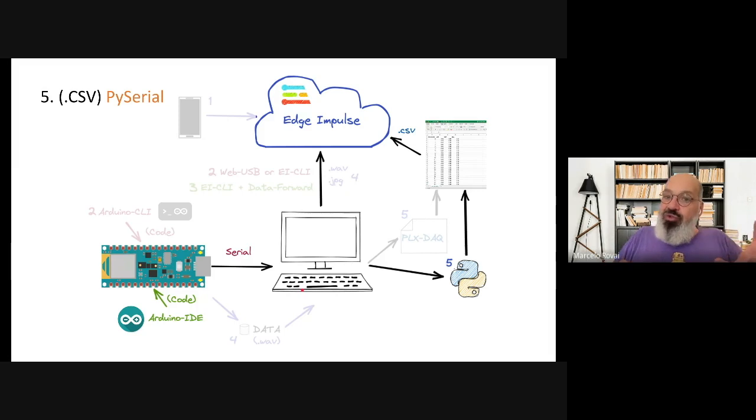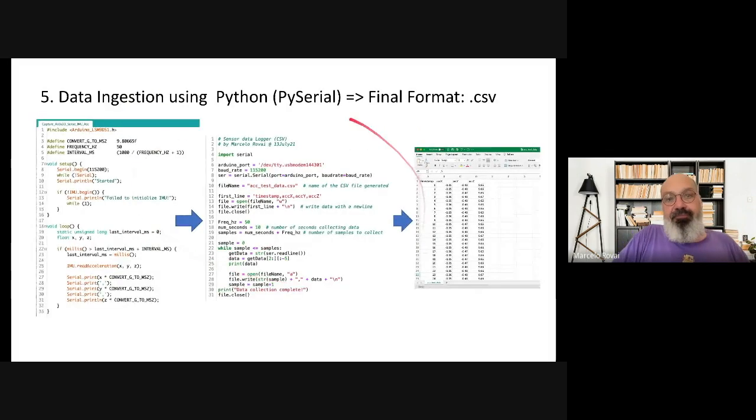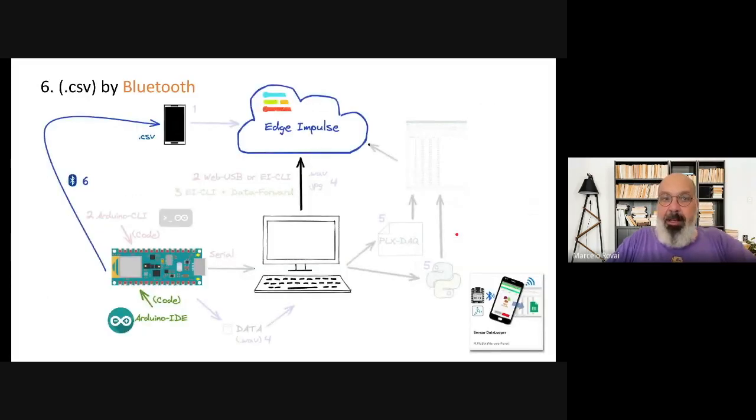So if you want to do that, you can use PySerial. PySerial is the same idea: you have your device, and you can use Python code to capture your serial data and send it to your spreadsheet. So that is another way to do that, and you can find all this information there.